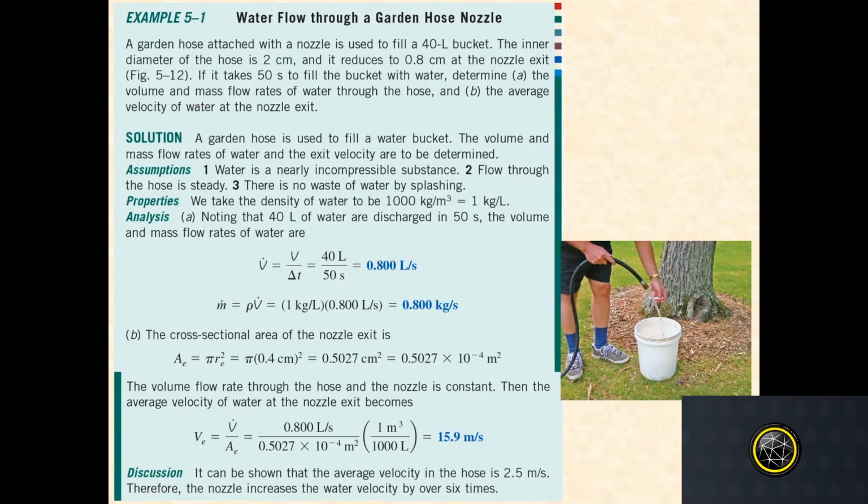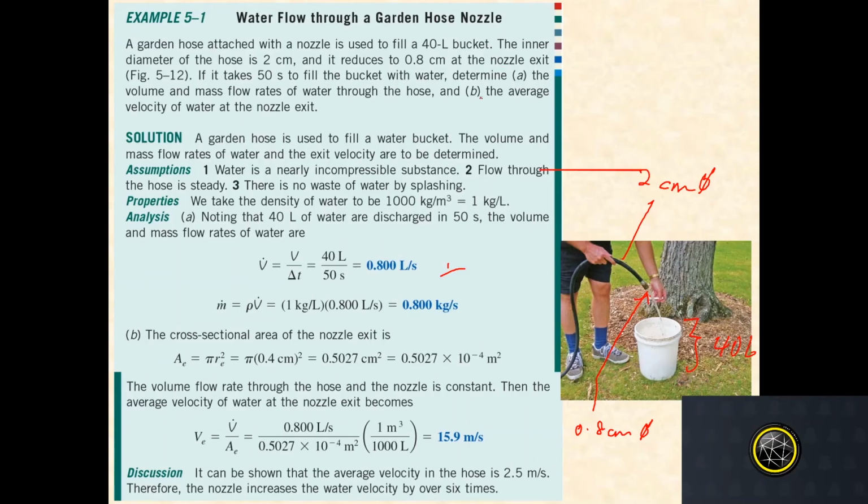This is an example of how we measure the volumetric flow rate. Given that you have a 40 liter bucket, and then you have a hose with 2 centimeter diameter, and a nozzle exit of 0.8 centimeter diameter, and it takes 50 seconds to fill the bucket with water.